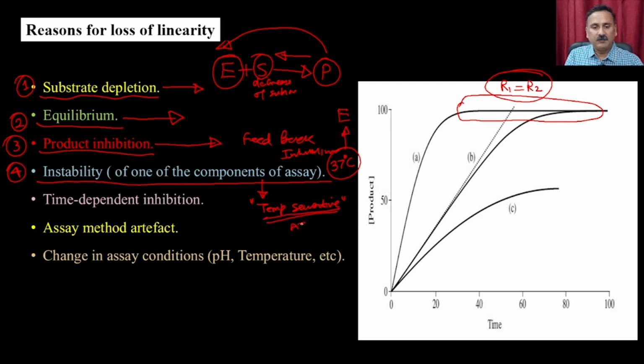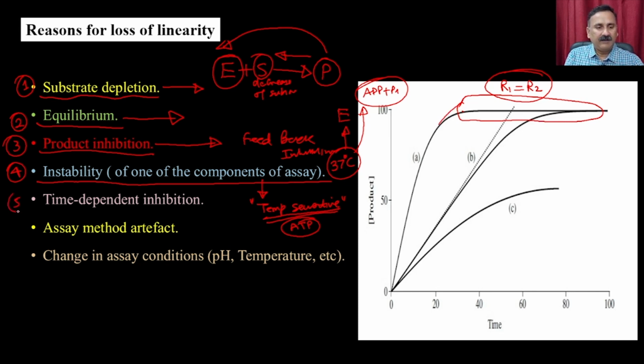For example, if you are using ATP, ATP is a stable molecule, but at 37 degrees Celsius the auto-oxidation of ATP to give you ADP plus Pi is very high. As a result, there will be degradation of ATP, and it may not be available for the enzyme to catalyze the reactions, and that's how you can get non-linearity, or the product stops going up.